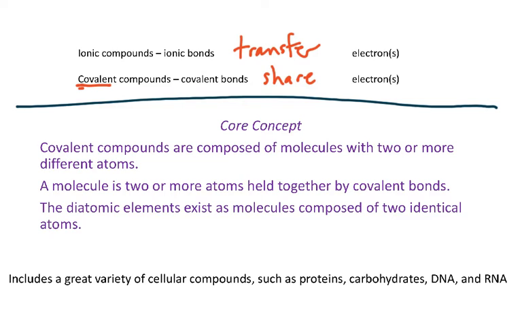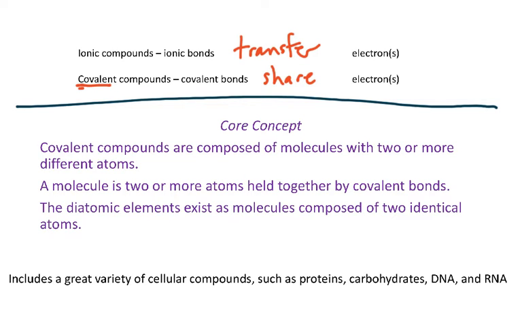So the core concept here right away is that covalent compounds are composed of molecules with two or more different atoms. A molecule is two or more atoms held together by covalent bonds, and the diatomic elements exist as molecules composed of two identical atoms.